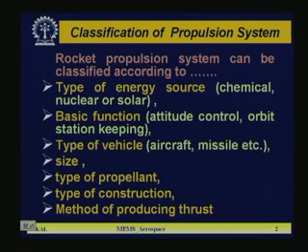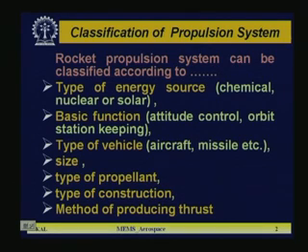Now, what are the different classifications of propulsion systems? They can be classified into different categories. One is the type of energy source, whether chemical, nuclear or solar. The second category is the basic function, whether attitude control or orbit station keeping, east-west or north-south.